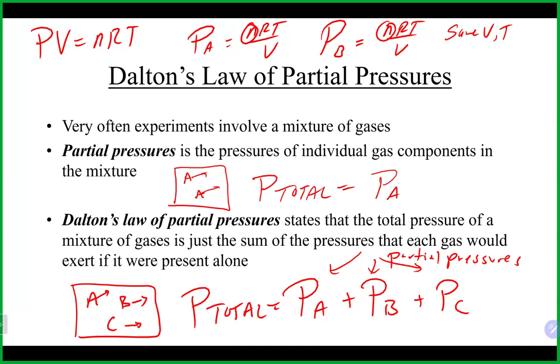The temperature will be the same for everybody in that mixture. The volume will be the same for everybody in that mixture as well. And when you do this calculation individually for each gas, that is going to give you the partial pressure of each of those gases.